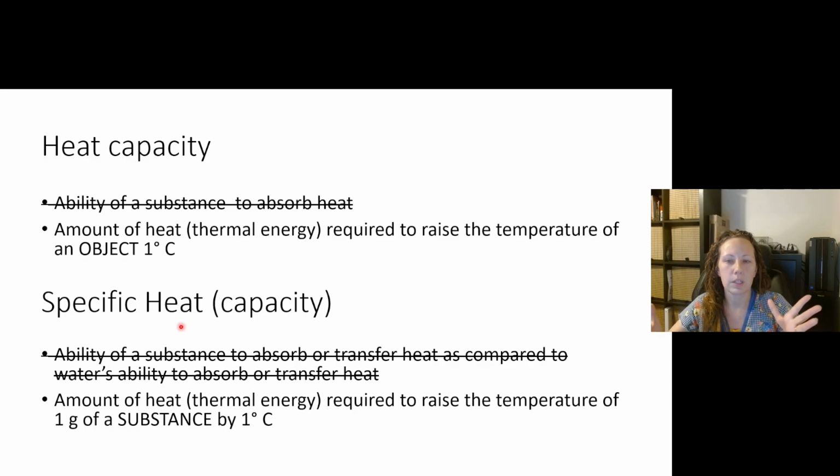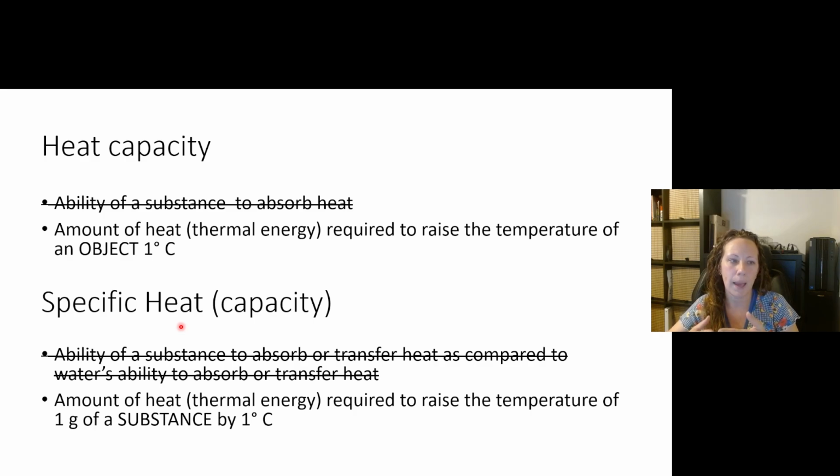So also the book says something about heat capacity of water being high. So it is the specific heat capacity of water that is very high, not the heat capacity of water, because water as an object depends on how big it is or how much water you have there. So specific heat of water is very high.